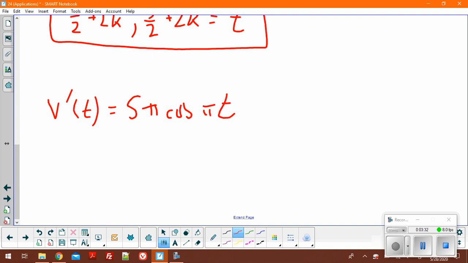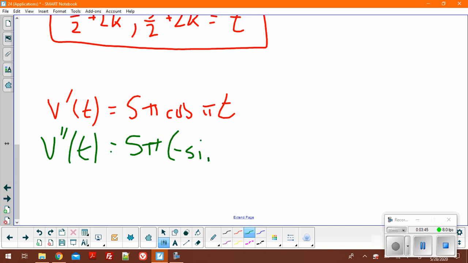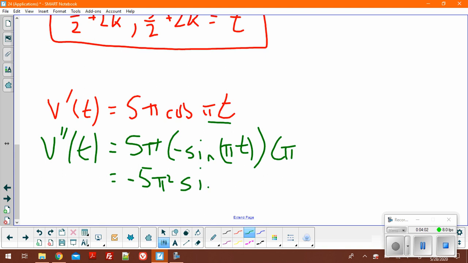For v double prime, my constant stays where it is, 5 pi. The derivative of cosine is a negative sine of pi times t, times the derivative of the inside again, which would be another pi. So I have a negative 5 pi squared sine of pi t as my second derivative.